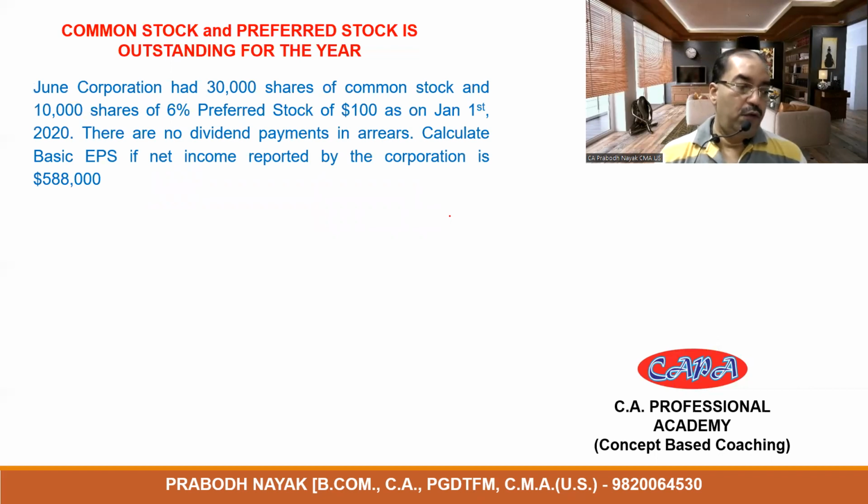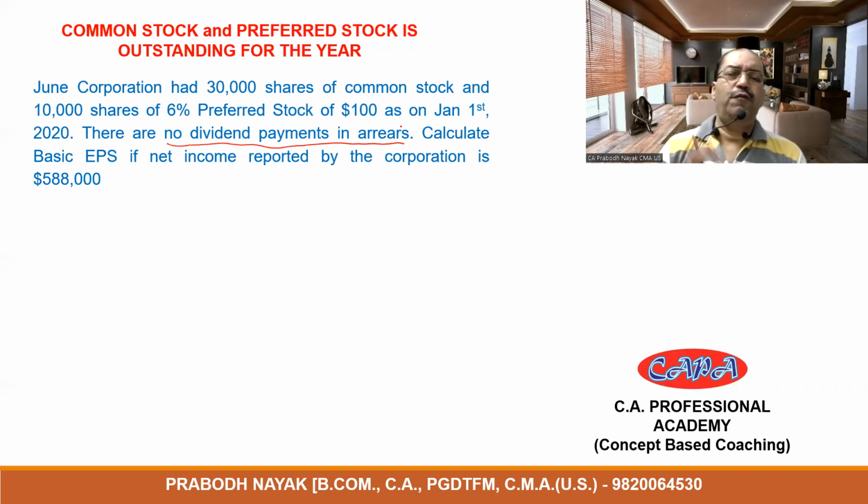Question is, June Corporation had 30,000 shares of common stock and 10,000 shares of 6% preferred stock of $100 as on January 1st, 2020. There are no dividend payments in arrears, which means that all dividend has been paid.